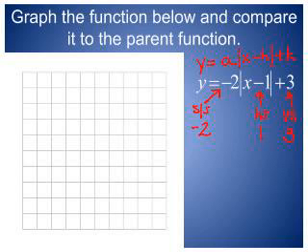Okay, so you should right now know what the vertex is going to be, and that vertex, therefore, is at 1, 3. But let's go ahead and graph it using the transformations and make sure that we get the vertex at 1, 3. So I'm going to put 0, 0 over here. Again, I'm going to sketch in the parent function.